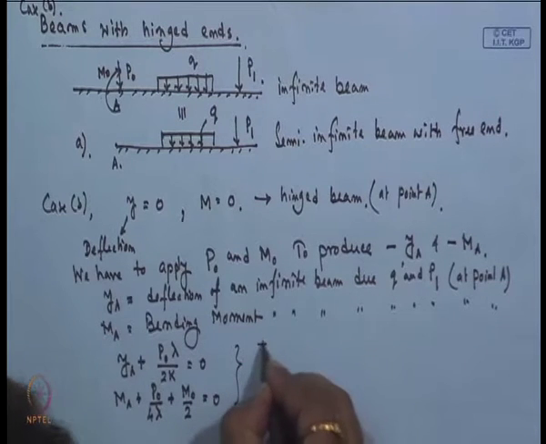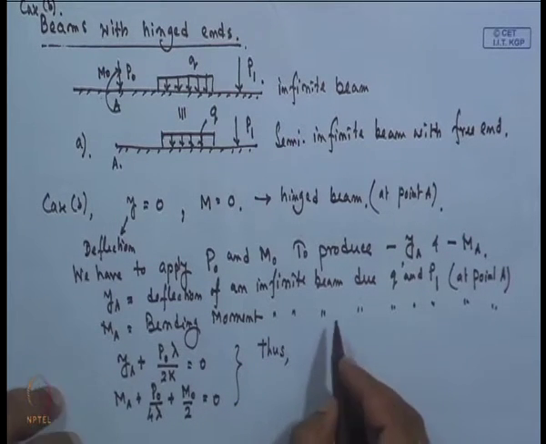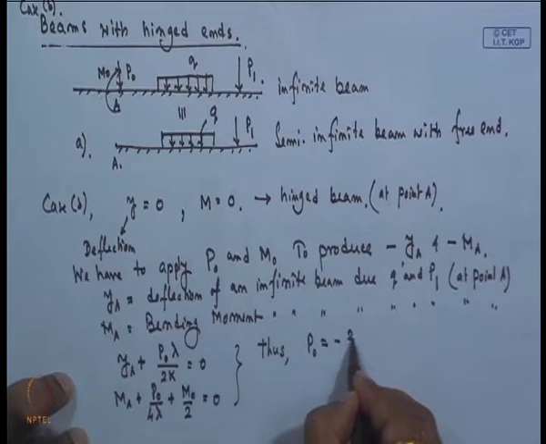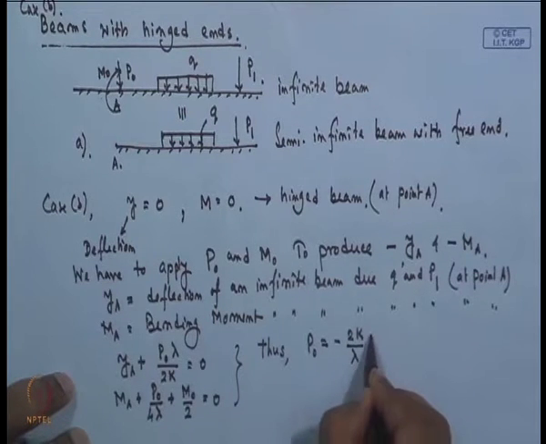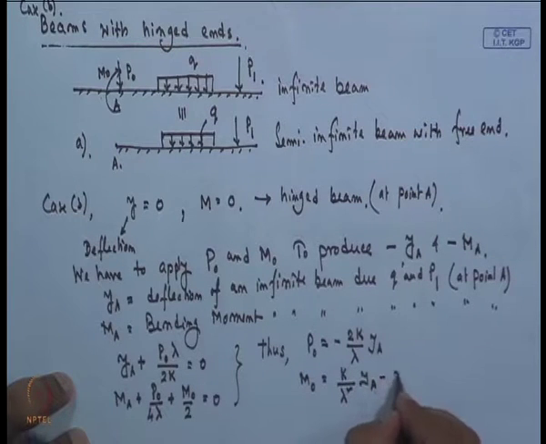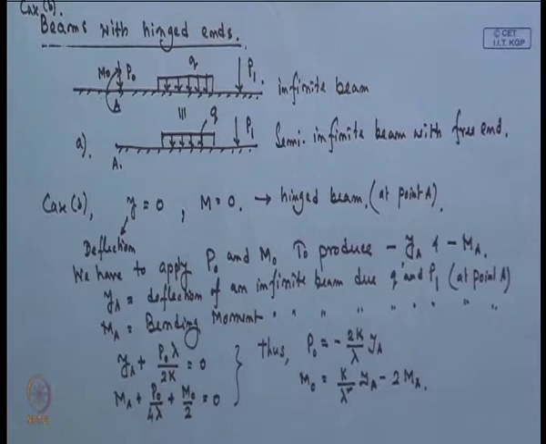Now just solve these two expressions, and we will get P 0 equal to minus 2 k by lambda y a, and M 0 equal to k by lambda square y a minus 2 m a.